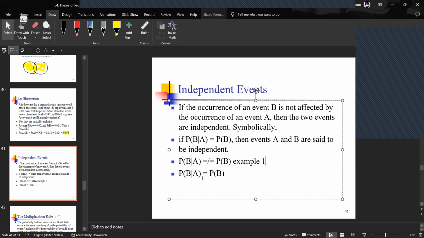Now, in example 2, let's say event A is it rains, and event B is I will have pizza for dinner.